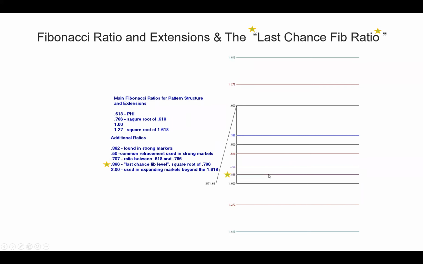But if the market starts to close below this 0.886, there's a very high chance that the price is going to get at least to the 1.0, and very often will continue to one of the extension ratios, the 1.27 or the 1.618. So you might want to start looking at that 0.886 ratio as well.